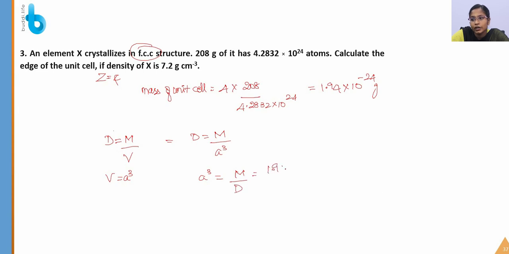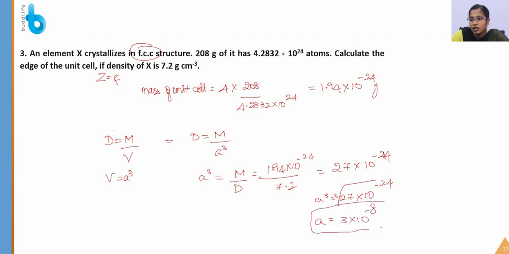So mass is 1.94 into 10 power minus 24 divided by density 7.2, which is equal to 27 into 10 power minus 24. So A cube is equal to 27 into 10 power minus 24. So A is equal to the cube root. So what will be the answer now? 3 into 10 power minus 8. So the value of edge length is equal to 3 into 10 power minus 8.